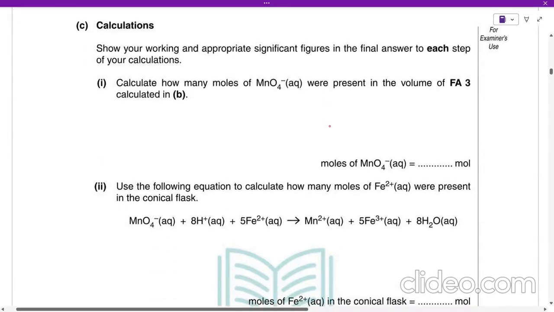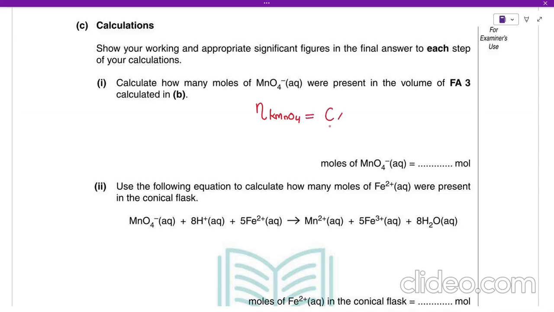Now show your working and give an appropriate number of significant figures in the final answer to each step of your calculations. Calculate how many moles of MnO4⁻ were present in the volume of Fa3 calculated in part B. So we calculate the moles of KMnO4, or you can also say Fa3.